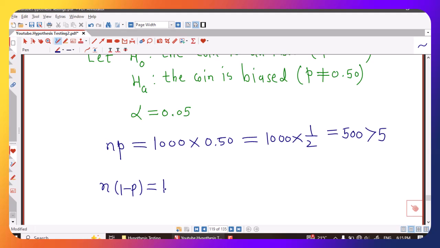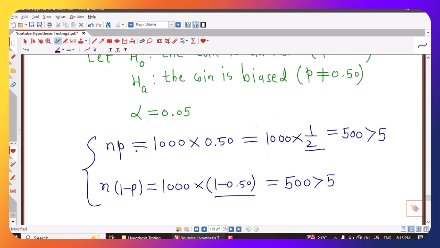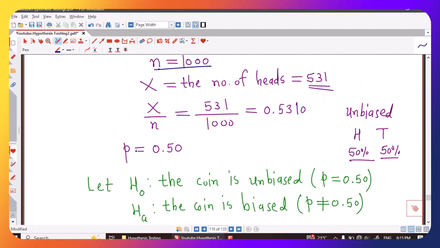Similarly, n into 1 minus p means 1000 into 1 minus 0.50, which is also 500. Therefore, both conditions are satisfied for applying Z test for population proportion, and they have taken a sample of 1000 tosses.